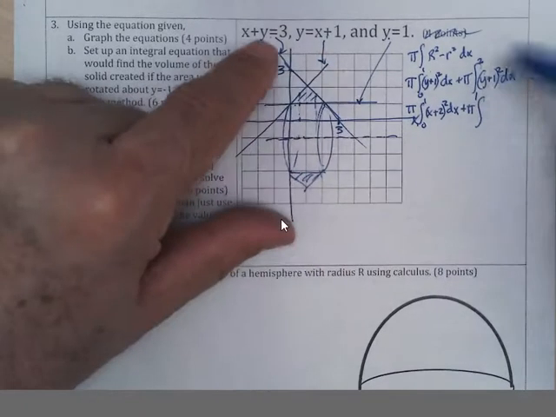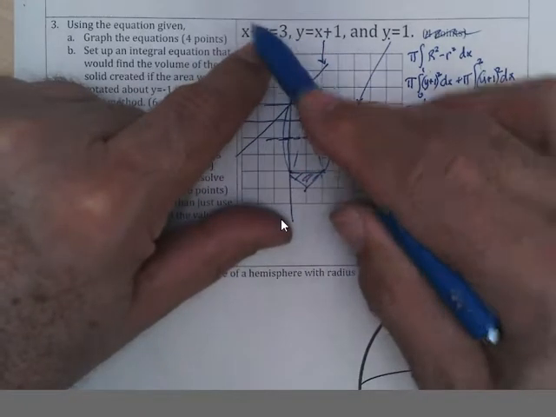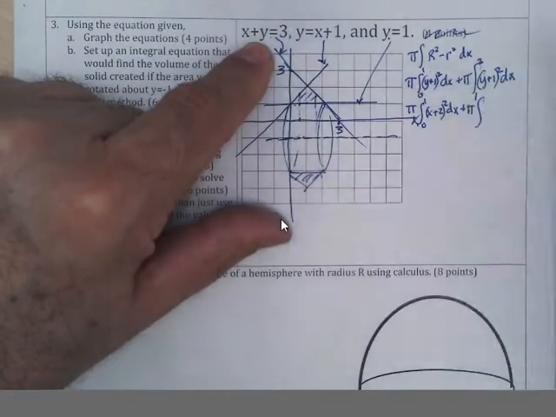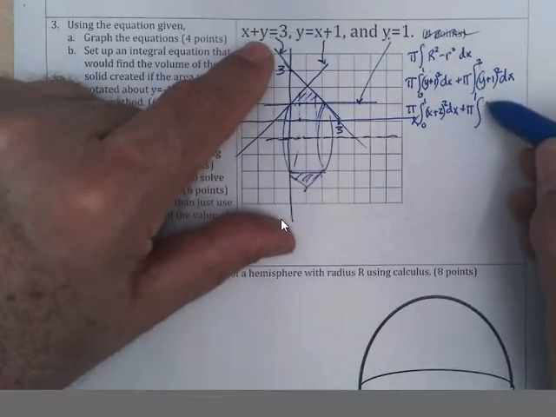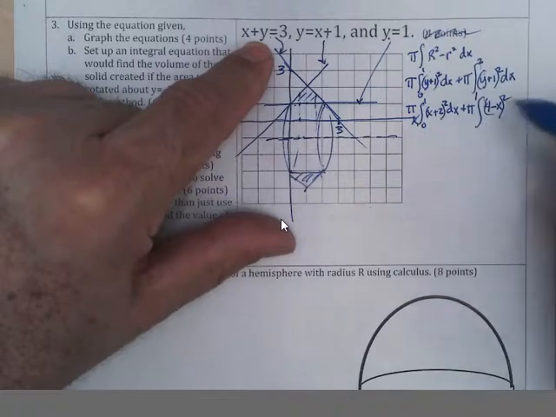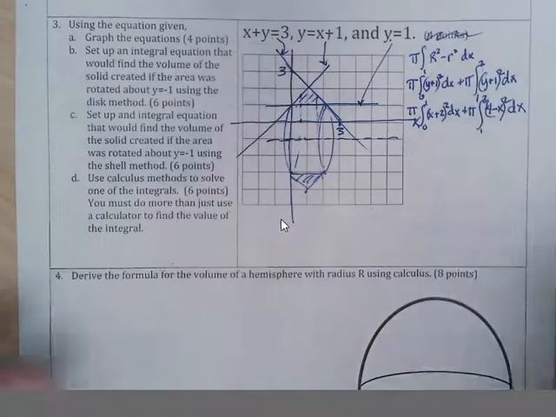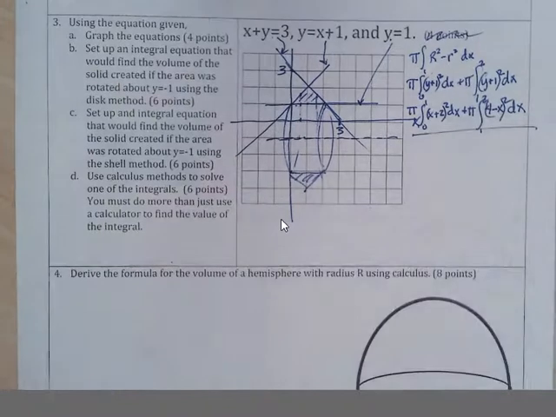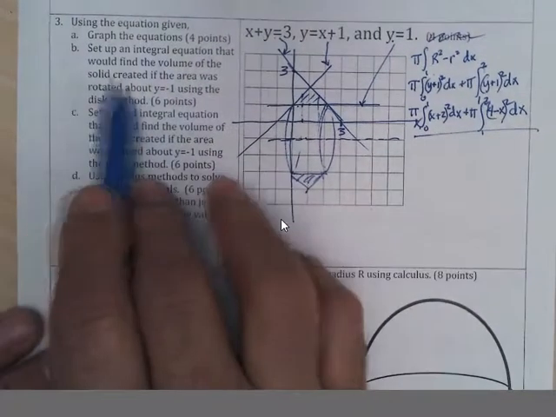Now it's y plus 1. Well, y in this is 3 minus x, and if I add 1 to that, it's going to be 4 minus x squared, going from 1 to 2 dx. So there it's set up for part B.